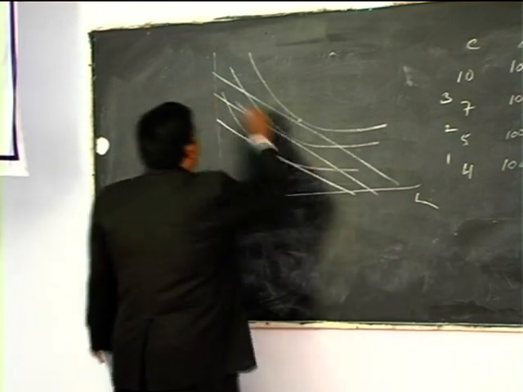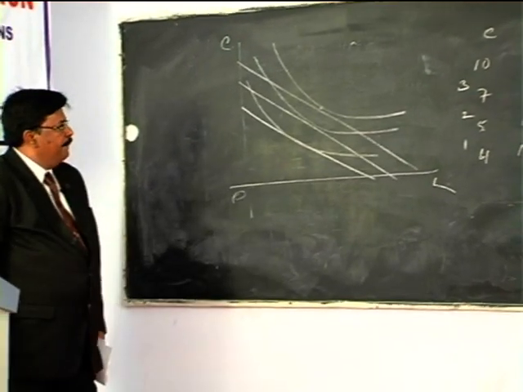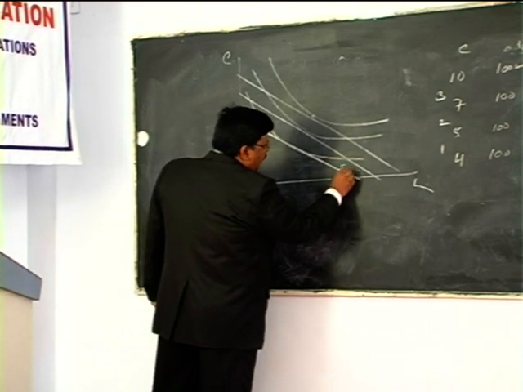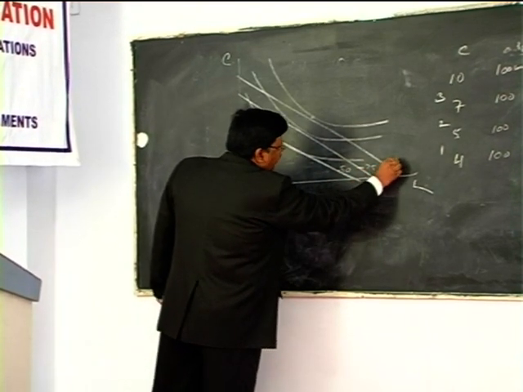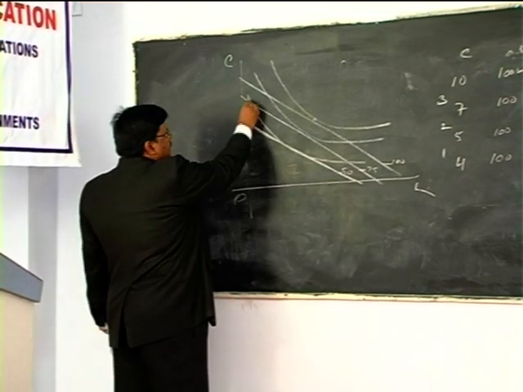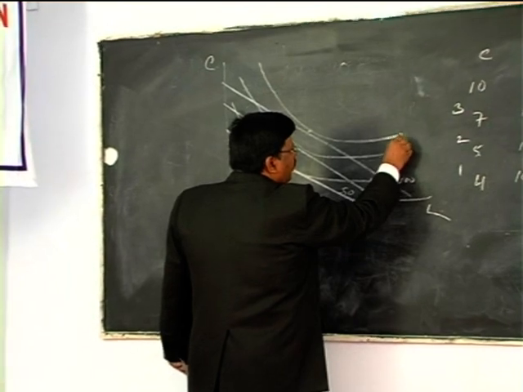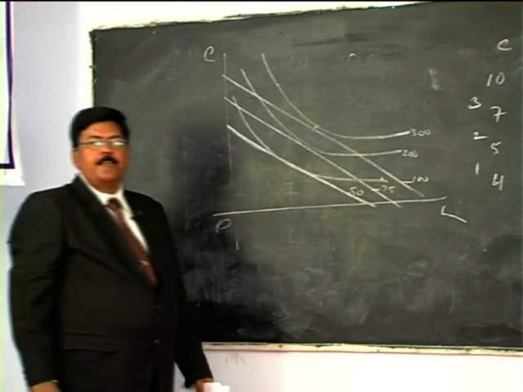This is labor and capital. This is ISO cost line for $50, this is for 75, and this is for 100. And these are ISO quants for 100 units of output, 200 units of output, and 300 units of output.